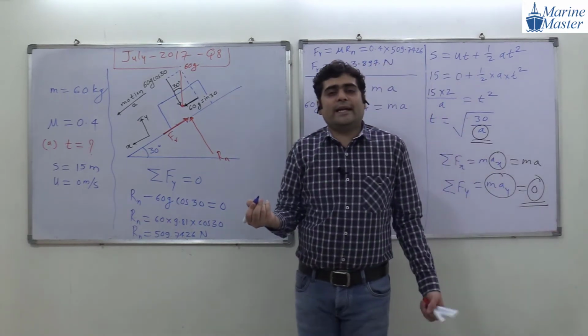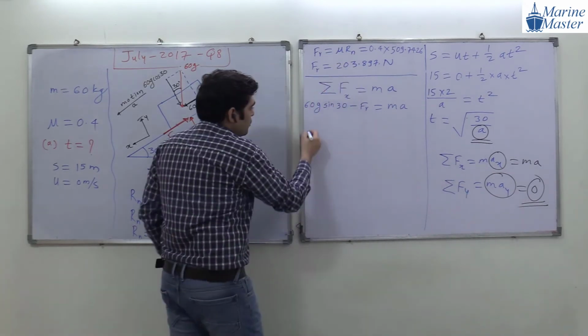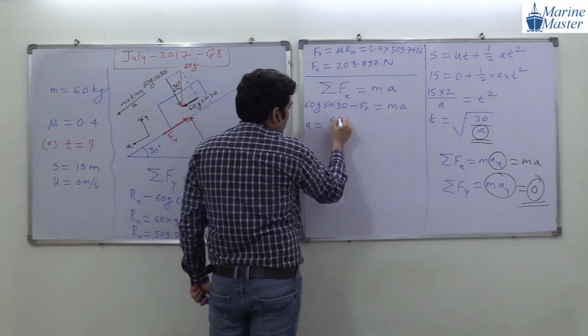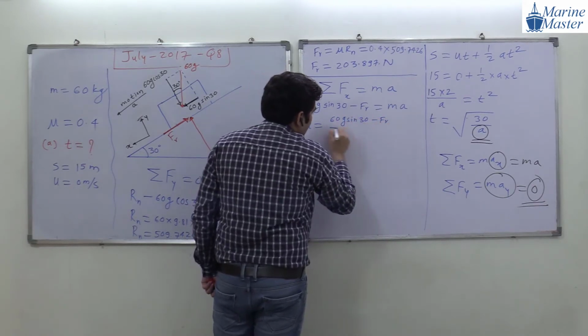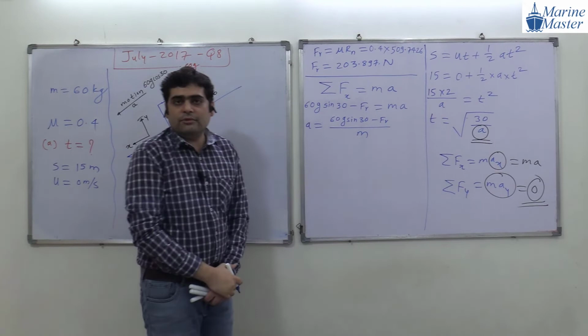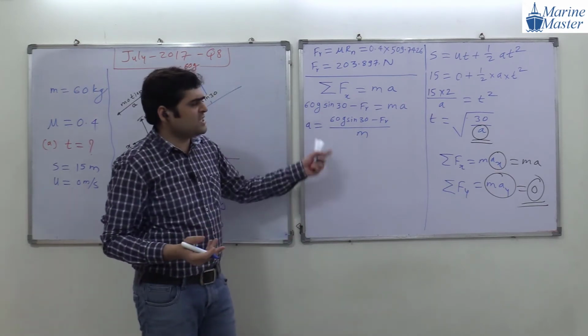And what is our target? We have to find the acceleration. So how to get acceleration? a is equal to 60g sin 30 minus Fr divided by m. Anyone have any doubt in this mathematically? This is just the mathematical part.